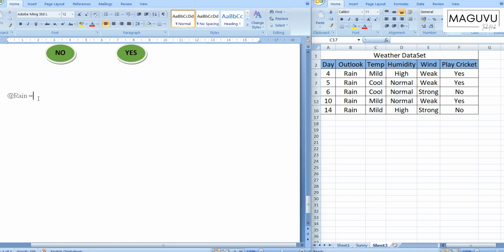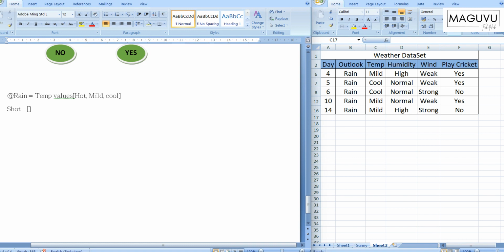Then we restart the process again, and we are considering temperature because we are at Outlook rain. We want to look at the 3 remaining features to determine whether we play cricket or not. The values of temperature are hot, mild, cool. Let's restart the process of calculating the entropy represented by the proportion.